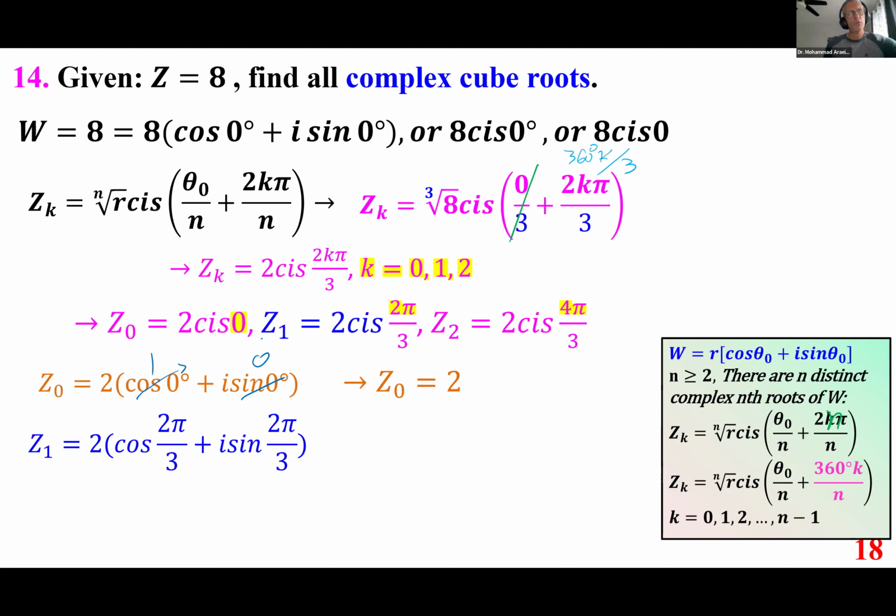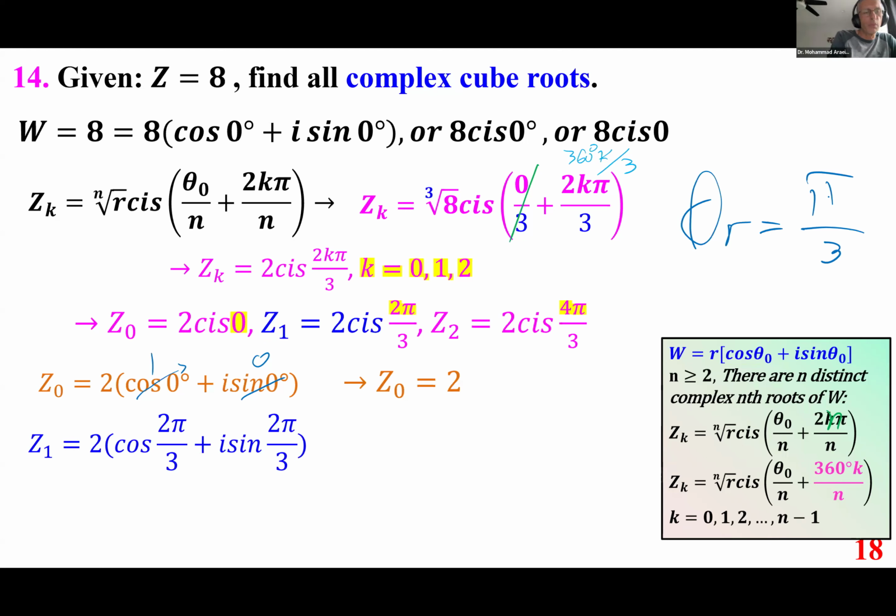When we go with 2 pi over 3, we are dealing with cosine of 2 pi over 3 and sine of 2 pi over 3. In both cases, the reference arc is pi over 3, right? So cosine of pi over 3 versus sine of pi over 3.